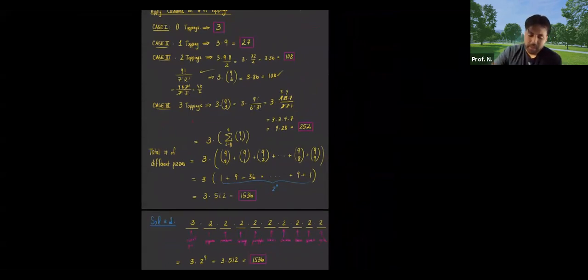Great. Any questions about this? Any questions about the different solutions? So factorial form would be fine. You don't have to do this every time.